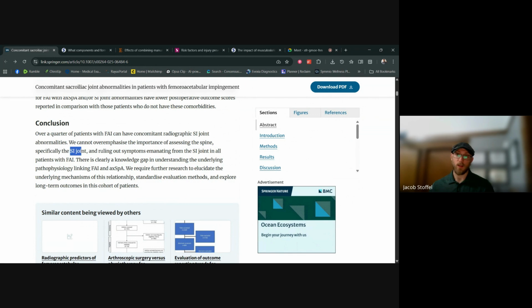So like we talked about last week with SIJ pain, we now also have to look at the TL junction. With patients with FAI, we should also look to the low back, the SIJ, and basically everywhere else. It's really highlighting that, like last week, don't get so myopic in your diagnostic viewpoint that you completely rule out other contributing factors that this person can go through.